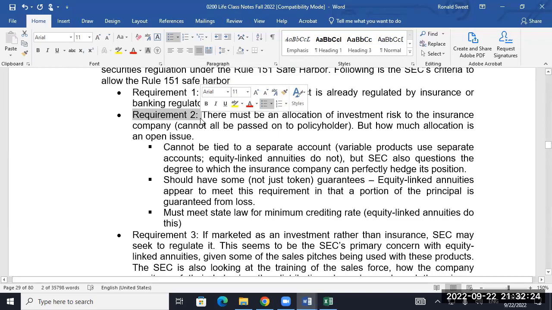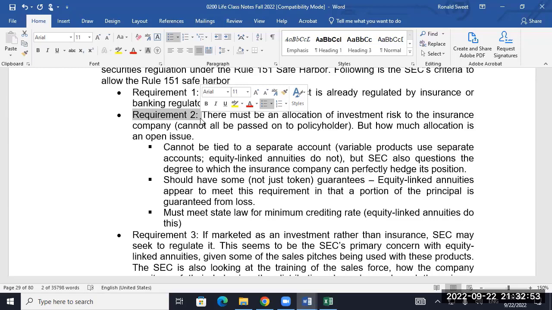With the variable products, 100% of investment risk goes to the policyholder. And so the SEC says, hey, if it's all going to the policyholder, it's an investment. The SEC should regulate this. With equity-linked annuities, it's kind of questionable. The insurance company sets it up and they hedge it. They're essentially passing it on to the policyholder, but it's not as straightforward as it is with the variable product.